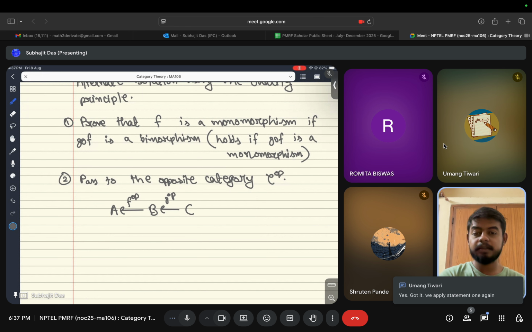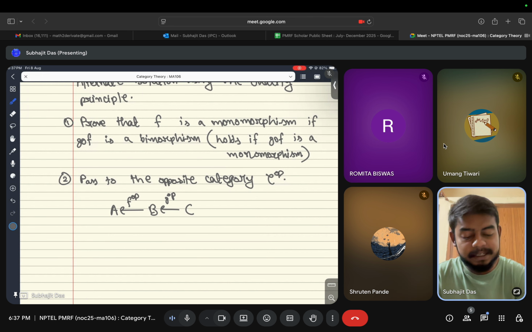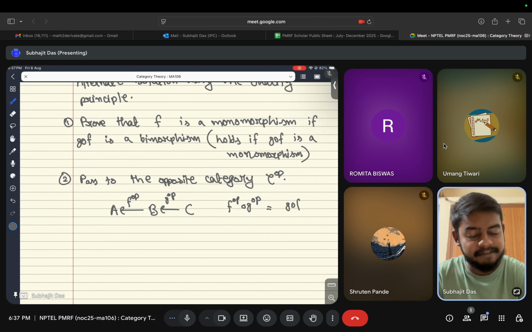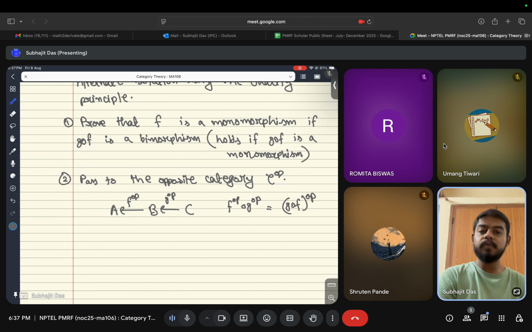So what you observe now is, what is the property of this composition, F op composed with G op? This is just G composed F op. Now we know that monomorphisms and epimorphisms are exactly dual notions of each other, right?